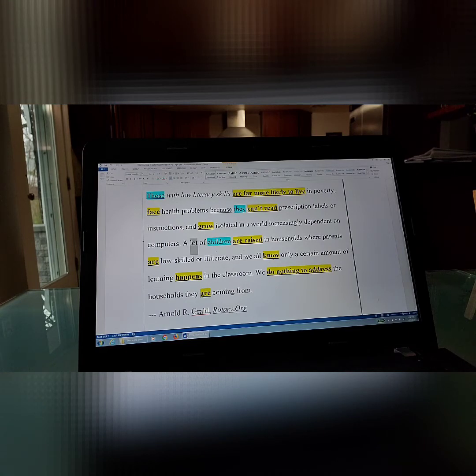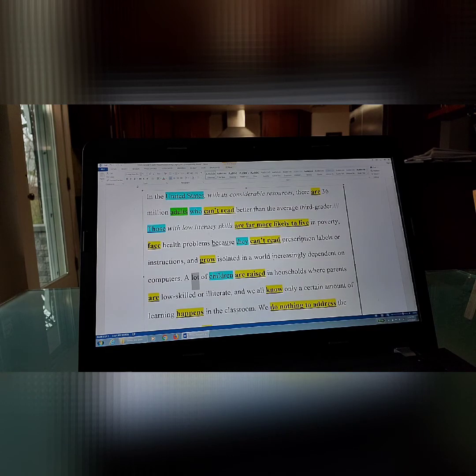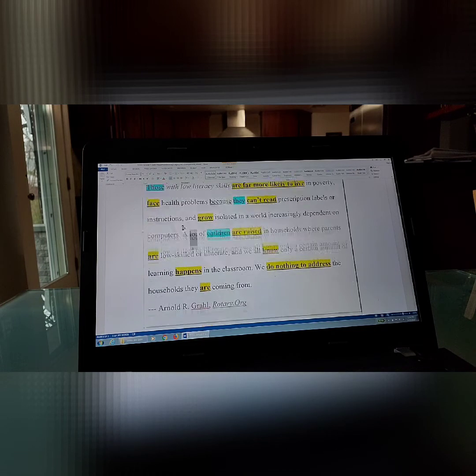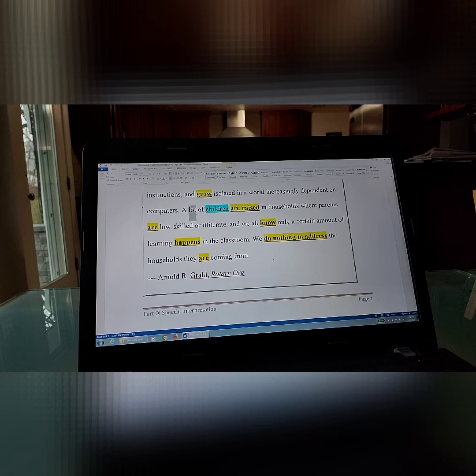So a lot of children. So before, we're basically dealing with adults as the primary noun, and even this sentence is using a lot of pronouns to go back to that noun, right? In this particular case, it says a lot of children.